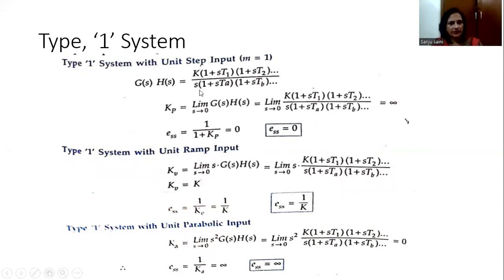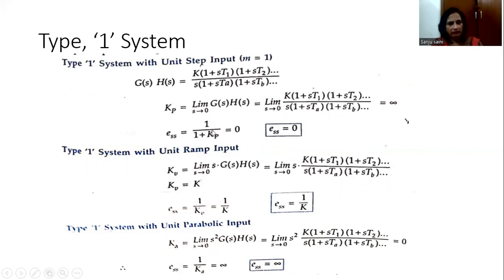For a type 1 system with a unit step input, the steady state error is equal to 1 divided by 1 plus Kp. Kp will be the limit of G(s)H(s) as s tends to 0. When we substitute s tending to 0 here, this 0 will make the expression infinite.